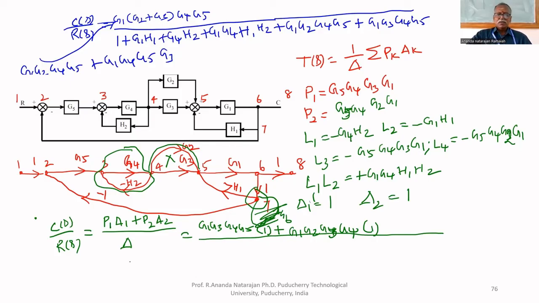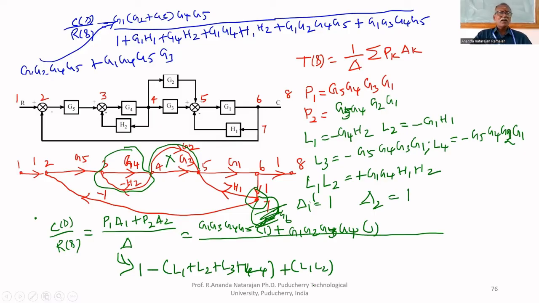Delta equals 1 minus the sum of L1, L2, L3, L4, plus L1 L2.